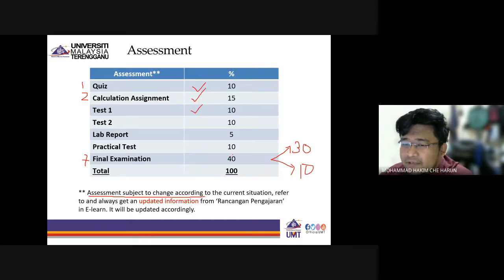For example, if we make the final examination 40% directly, and you don't study, you're going to lose 40% directly. But if we twist it a little bit into 2 kinds of assessments, you might have a little more time to study. The disadvantage is that you have a lot of assessments to cope with alongside your other subjects. It's going to be really hard.